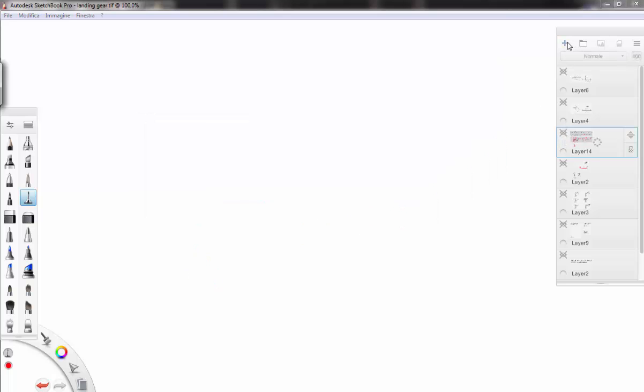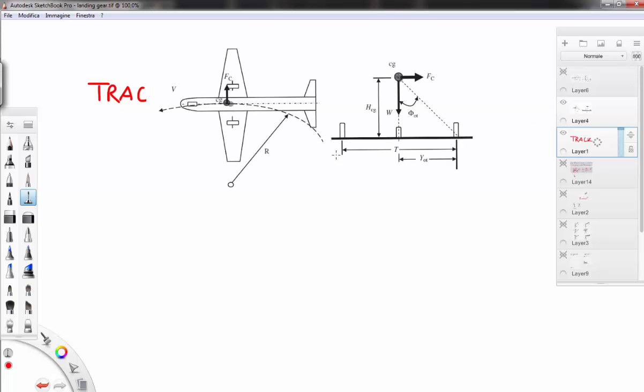Then the next part is the track. Track is the distance between two tires on the main gear, and the half corresponds to the nose.